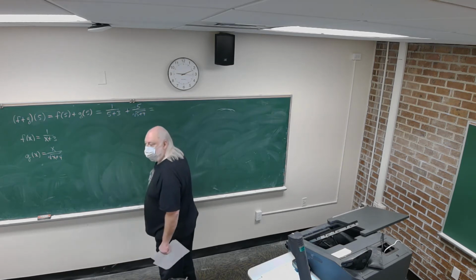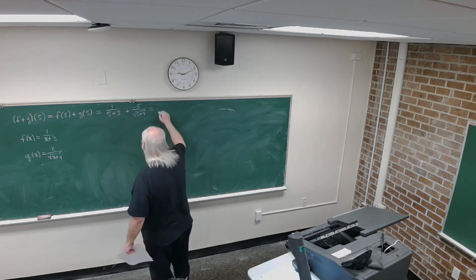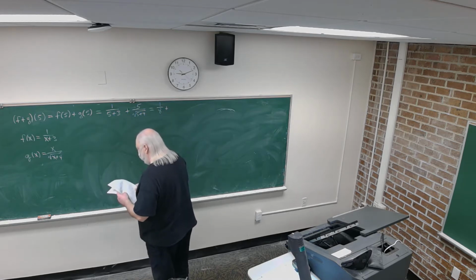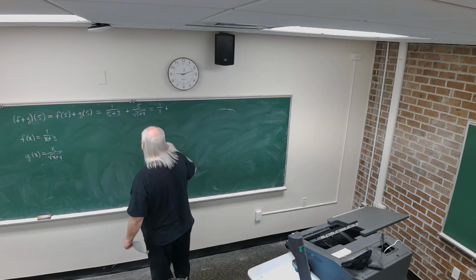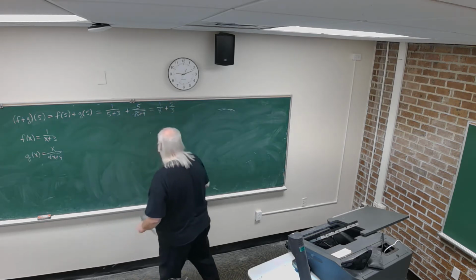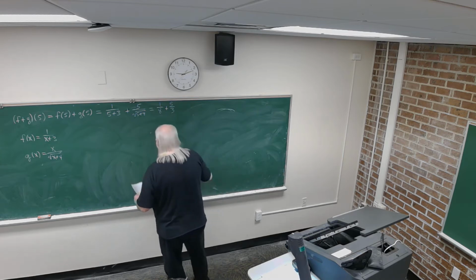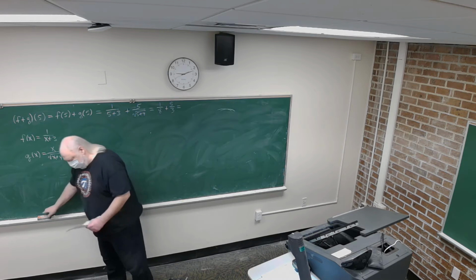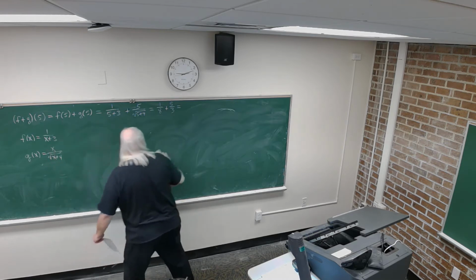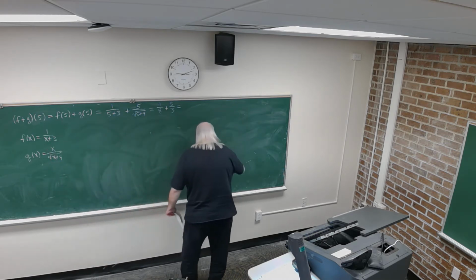Now it's arithmetic, right? The first quotient is equal to 1/8, and the second quotient, the denominator here, right? Under the square root, 5 plus 4 is 9. Square root of 9 is 3. So this is equal to 5/3. And now you're just adding two fractions. And when you add two fractions, you need a common denominator.